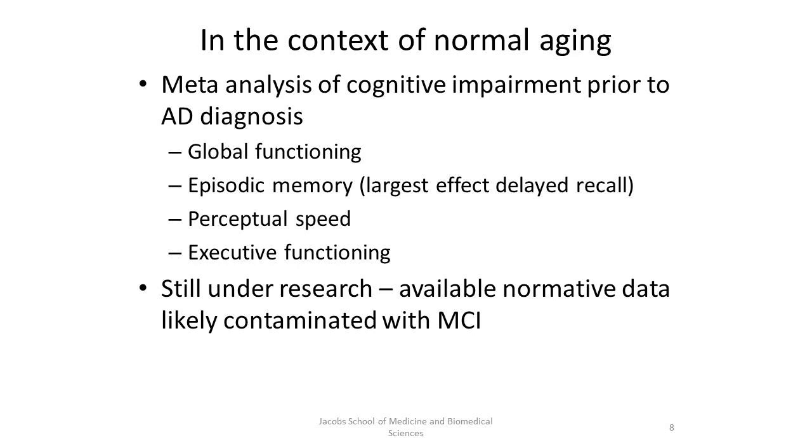Now, these studies have some MCI contamination in them because MCI really became a diagnosis only about 10 years ago when Ron Peterson from Mayo Clinic came up with this idea that there's something that has to happen between normal and Alzheimer's disease. So this is probably a little bit contaminated, and it's still undergoing research exactly what is normal for aging. We think that getting slower is normal, learning slower is normal, rapidly forgetting is never normal. So if you have the rapid forgetting, then you need to take that seriously.